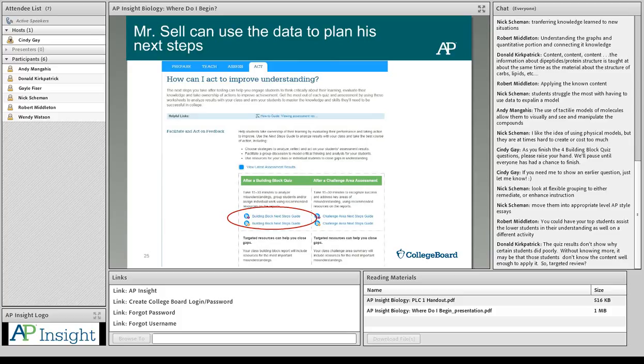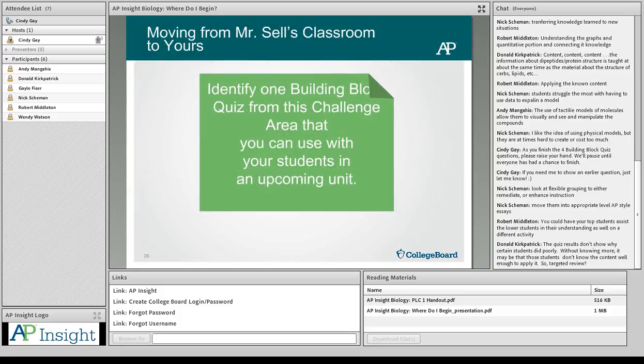And so at this point, depending upon where you are in your year, hopefully you'll be able to identify one building block quiz from this challenge area that you can use with students in your upcoming unit. So I'm going to pause and give you maybe about 8 minutes or so to use either your challenge area roadmap or your course syllabus.